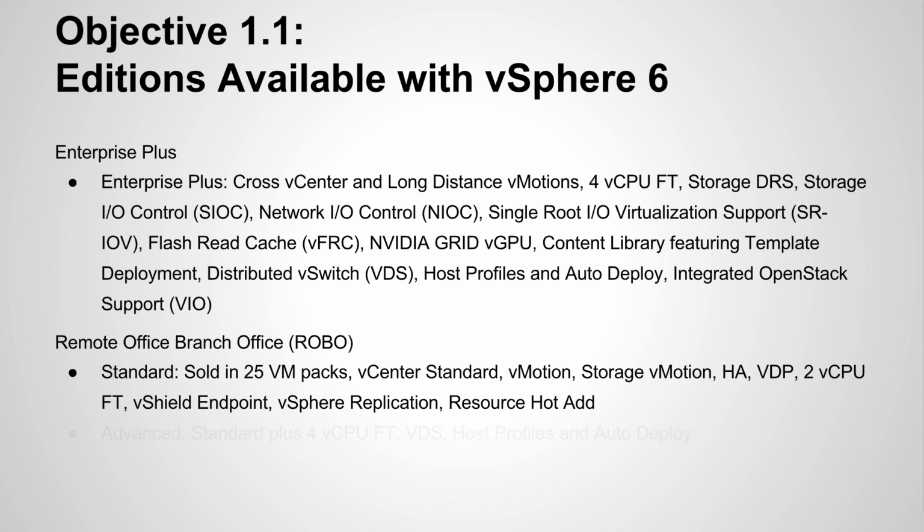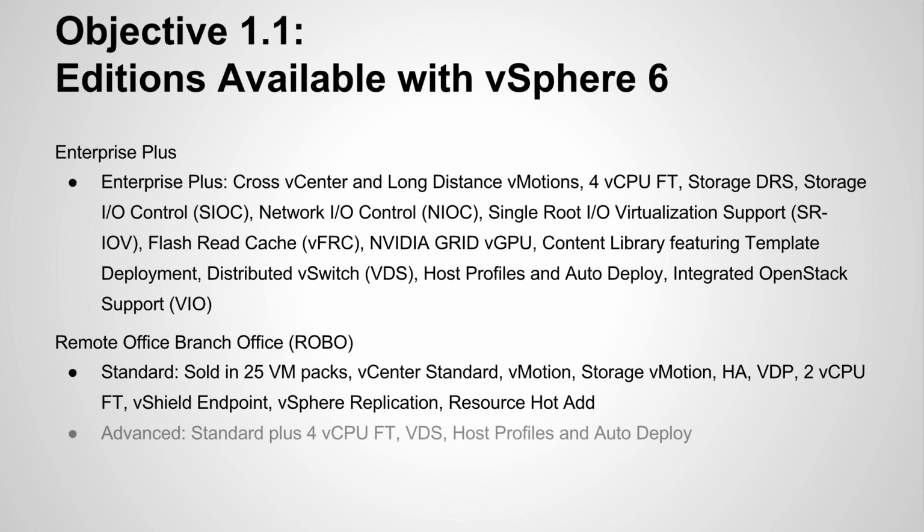So the ROBO Standard offers things such as vMotion, storage vMotion, high availability, VDP, as well as 2 vCPU fault tolerance, vShield endpoint, vSphere replication, and the resource hot add.